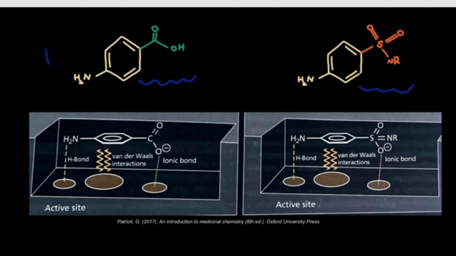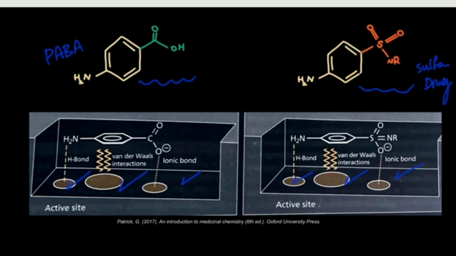So here is the PABA and here is the sulfa drug. Although they have a few differences in structure, they still achieve exactly the same bonds and interactions with the enzyme. So both of them bind through ionic bond. Both of them have van der Waals interaction with the enzyme as well as hydrogen bond.